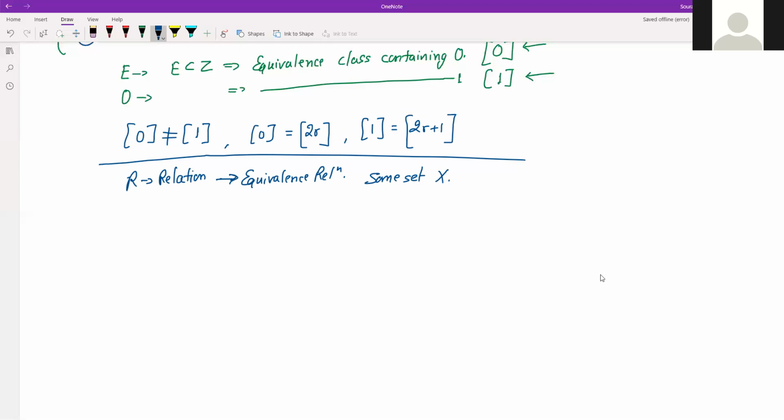So what are the properties of this equivalence relation? This equivalence relation will actually divide X into disjoint sets. This equivalence relation divides set X into, we can say, mutually disjoint subsets.